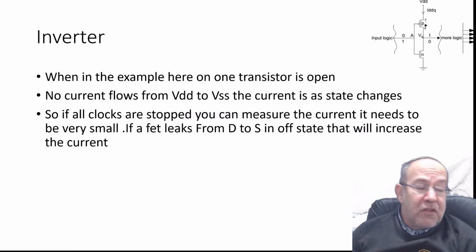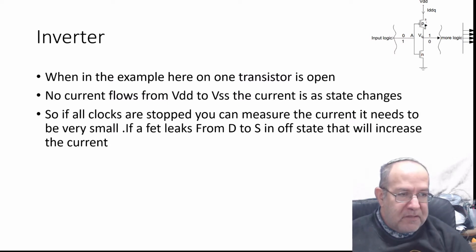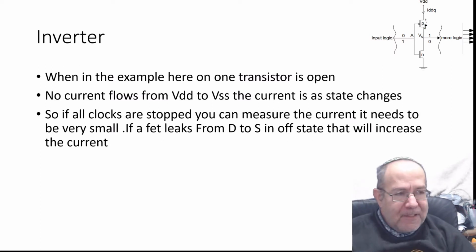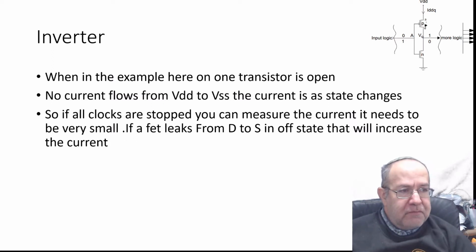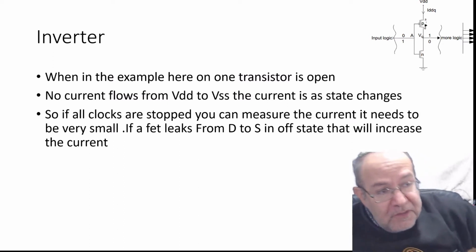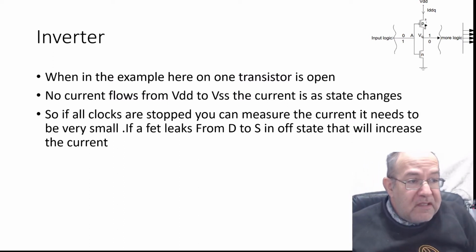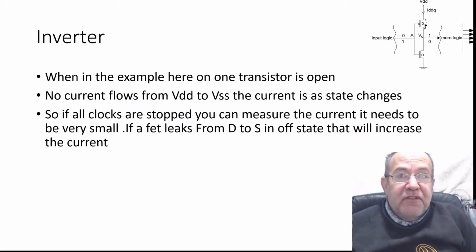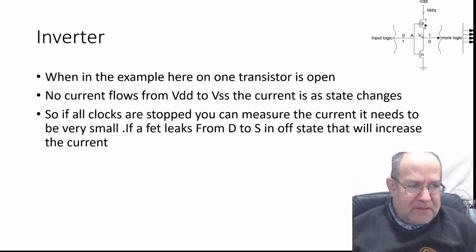Now, when one has a logic input 0 or 1, only one of the transistors will be conductive at that point in time, either the top or the bottom. When only one transistor is active, the other transistor is blocking. You're not meant to see any current flowing from VDD to VSS. This is what one can call static current.